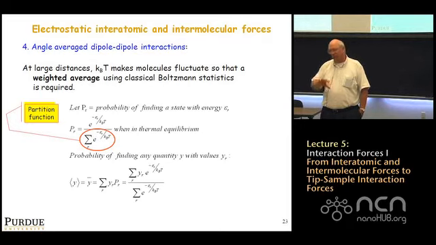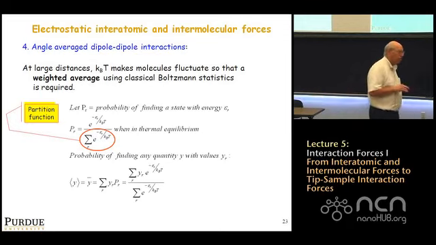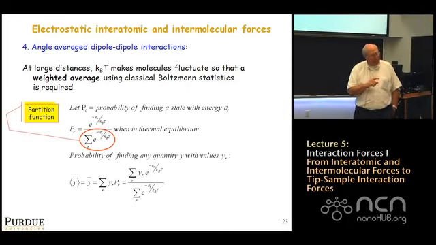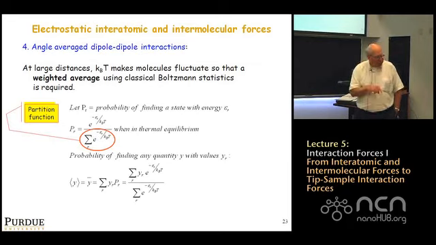There's a whole raft of literature that describes how to calculate partition functions for different systems. But you have to recognize this is a fundamental postulate of statistical physics, and it governs any system that's in thermal equilibrium. It's universal.